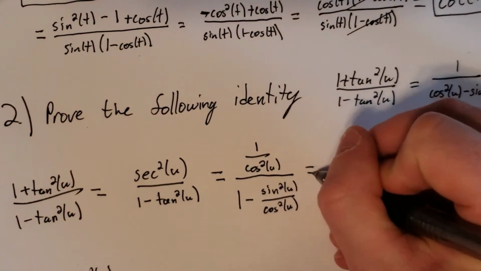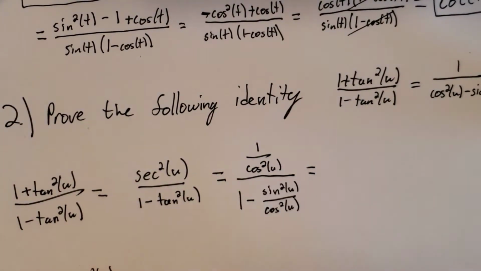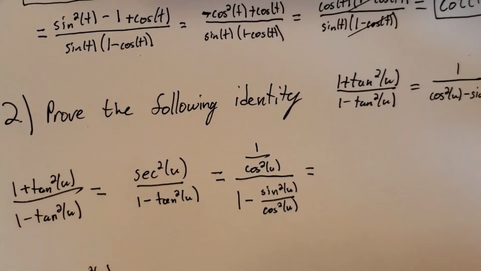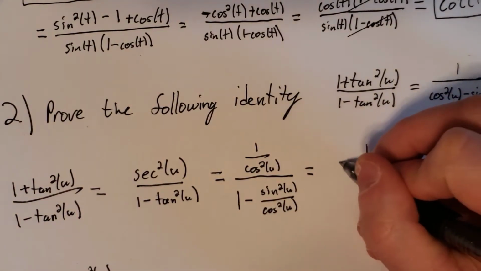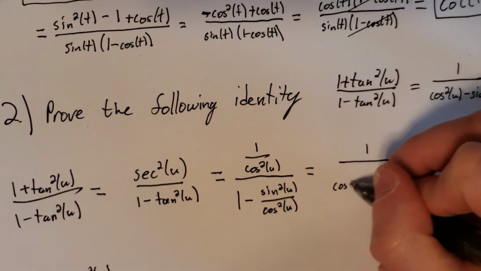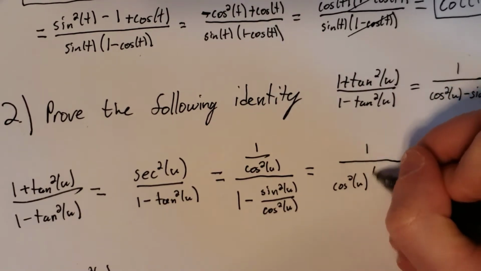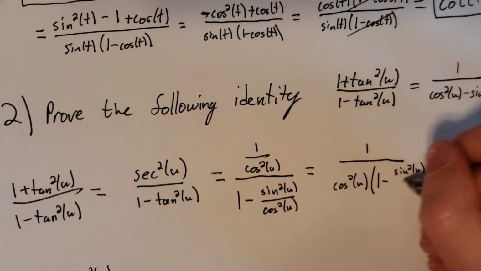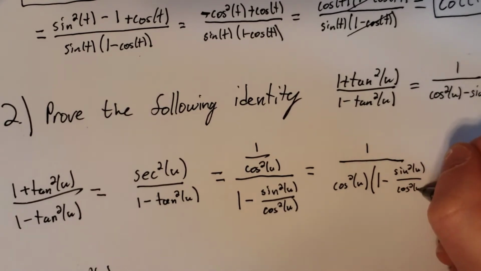And then, if we have a fraction here, we can just move this to the denominator. So this is the same as 1 over cosine squared of u times 1 minus sine squared of u over cosine squared of u.